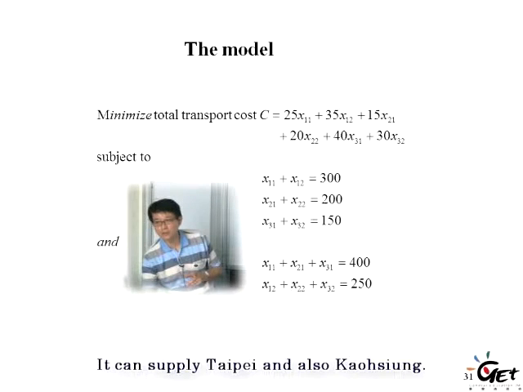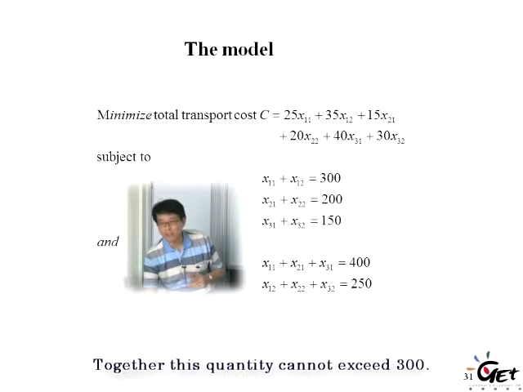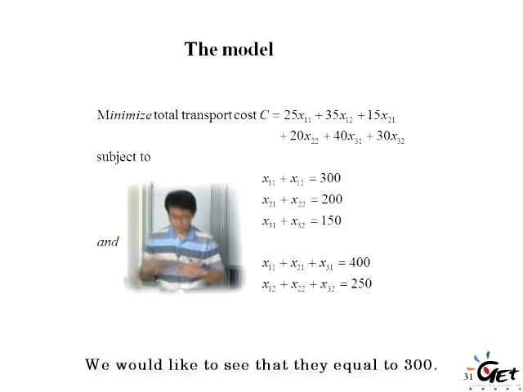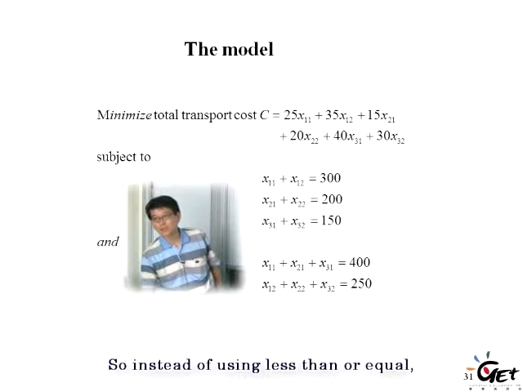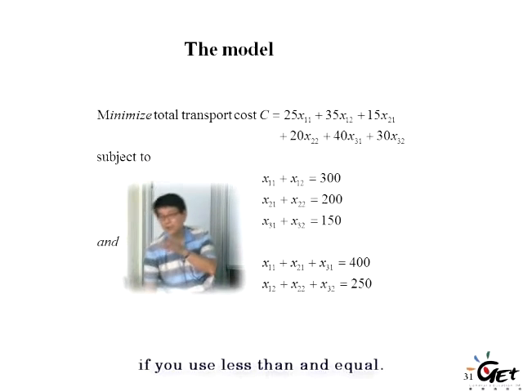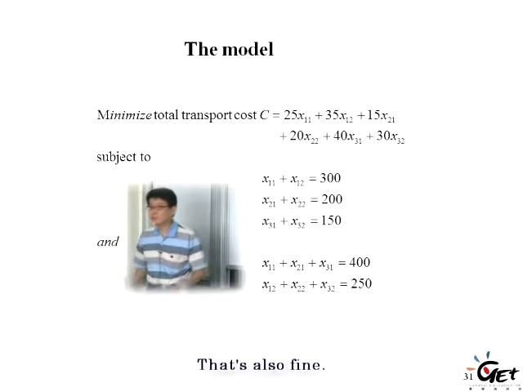It can supply also Kaohsiung. Together, this quantity cannot exceed 300. We would like to see that they are equal to 300. So instead of a less than or equal, we can directly use an equal. However, if you want to use a less than or equal, that's also fine.